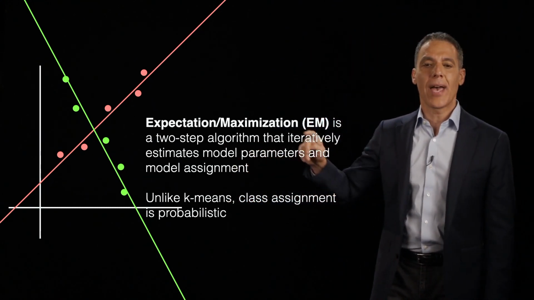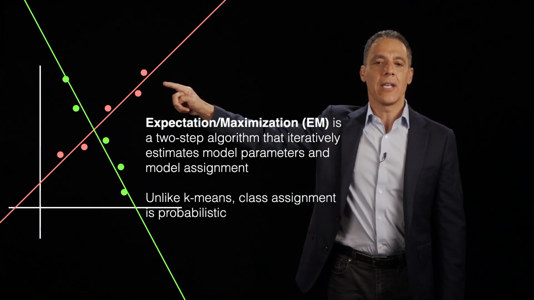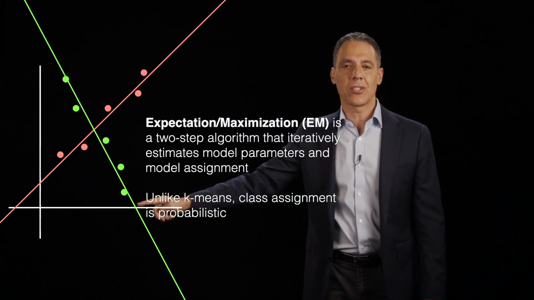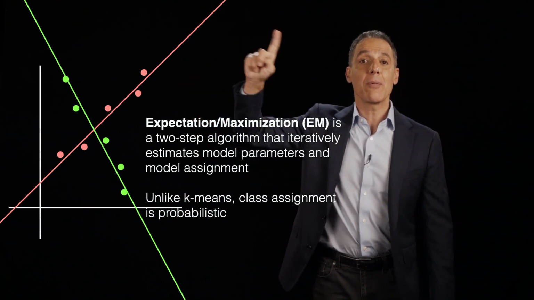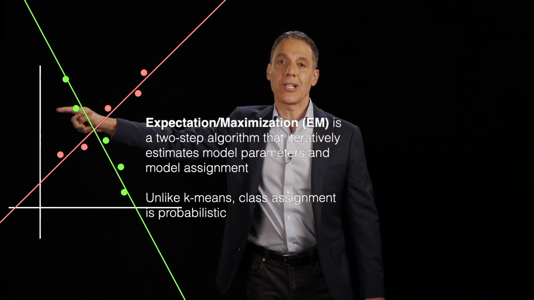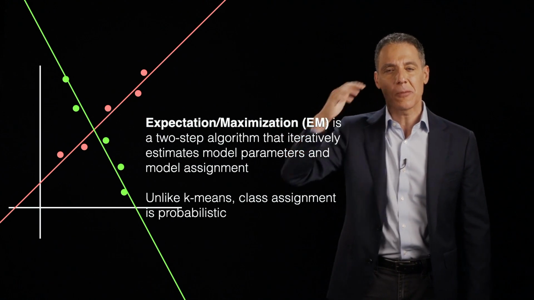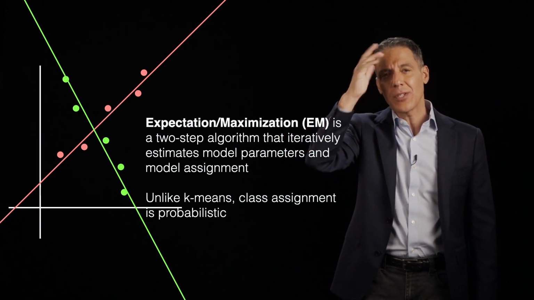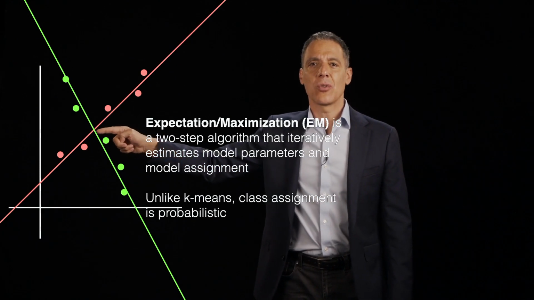So what I mean by that is we are not just going to say this point belongs to this line and this point here belongs to this line. What we're going to say is this point belongs to this line with probability p, and it belongs to the other class with probability 1 minus p, because there's only 2 classes here. Now, why is that useful to have a probabilistic assignment? Well, let's go right to that intersection of those 2 lines.